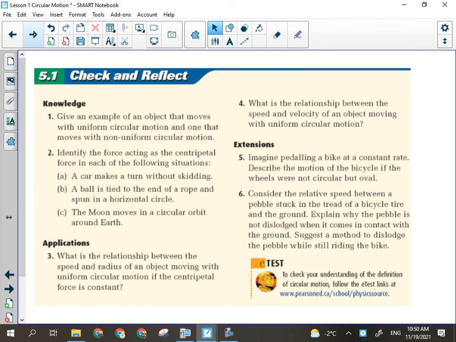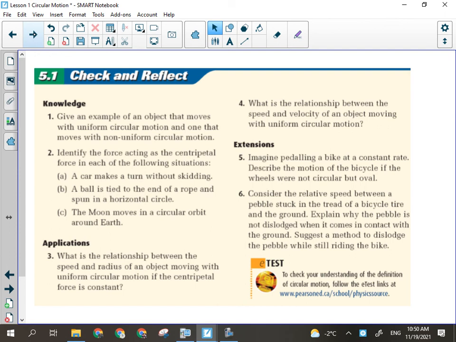Okay, so in question number 2 here, they want us to identify the force that's acting as a centripetal force in each of the following situations. We've talked about, I think, all 3 of these. If you take a turn, take a corner in a car, what keeps you in the corner? Friction.